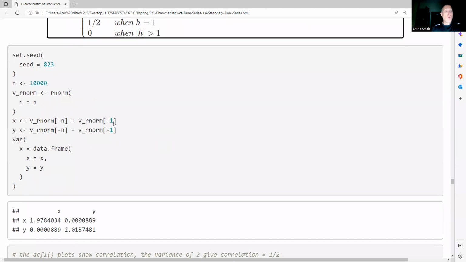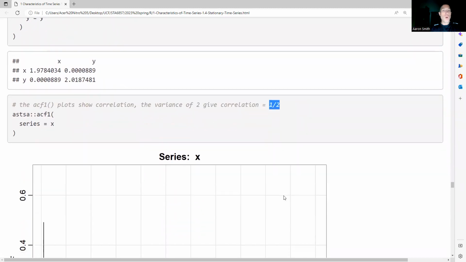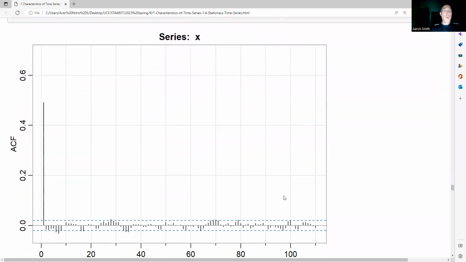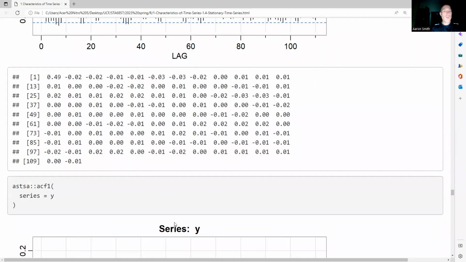And here is some code just to demonstrate what's going on. When I have the 2 terms for the variance, that 2 is where I'm getting the 1/2, where the denominator is equal to 2 instead of 1 on this one. Here is proof of concept that the autocovariance function gives us what we think on x.